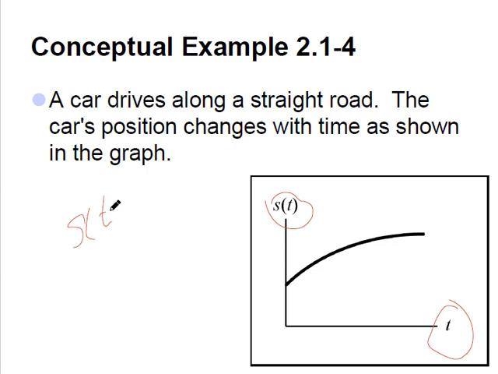This is not pure S, it's showing you S(t). So that means the car's position changes with time and it's shown in this graph. S(t) is your y-axis, and t is your x-axis, so S(t) versus t.